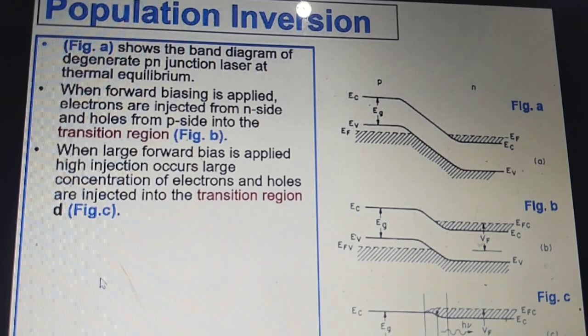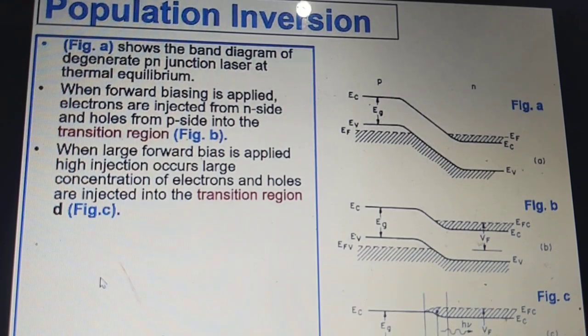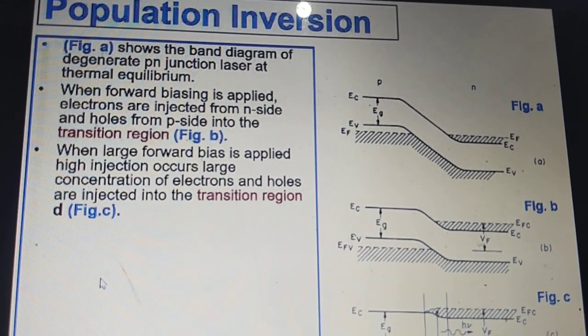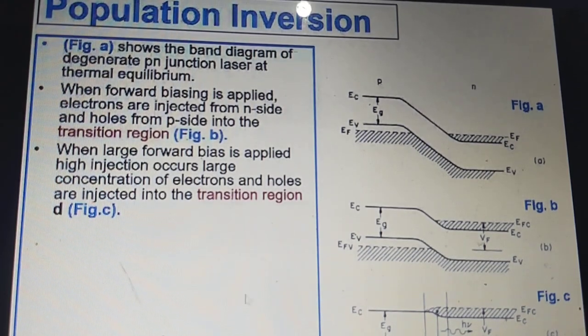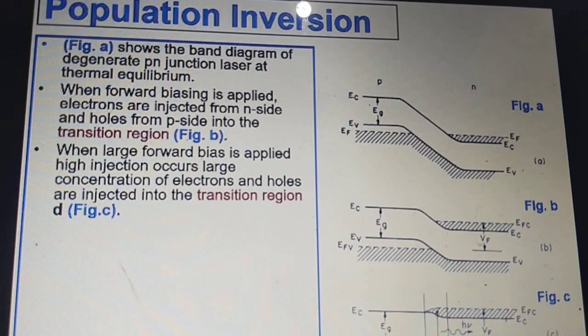When large forward bias is applied, high injection occurs, and a large concentration of holes and electrons is injected into this transition region, which is the depletion region, denoted by small d here.